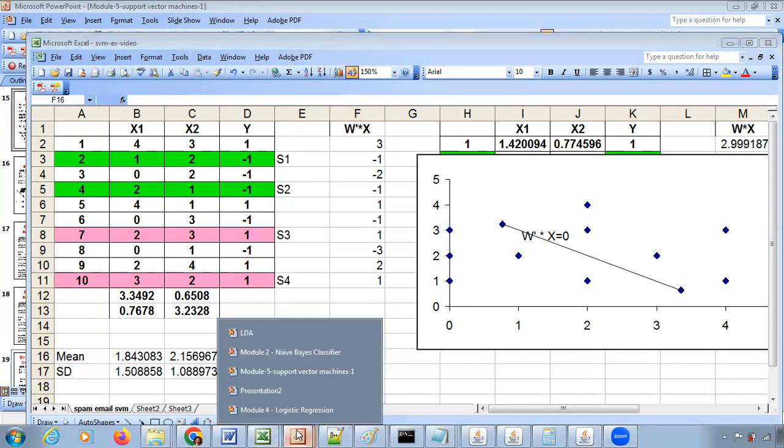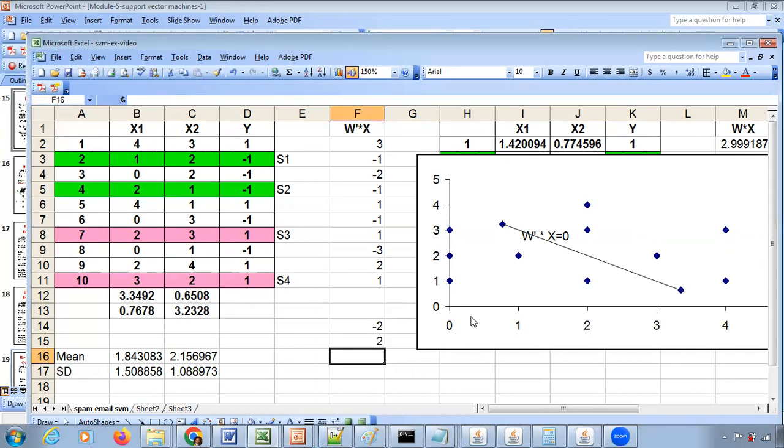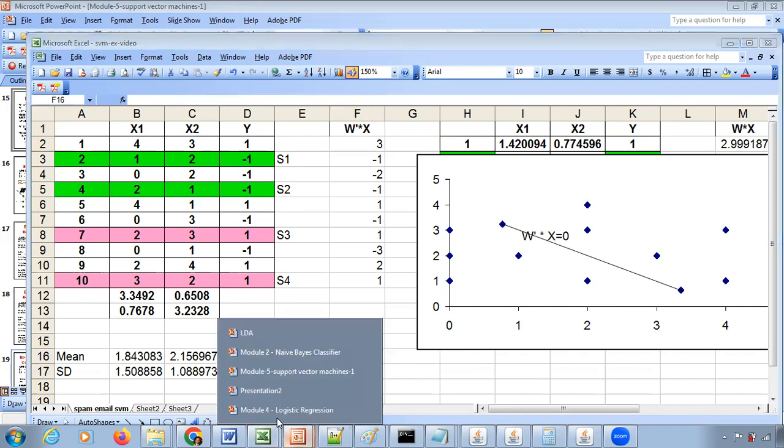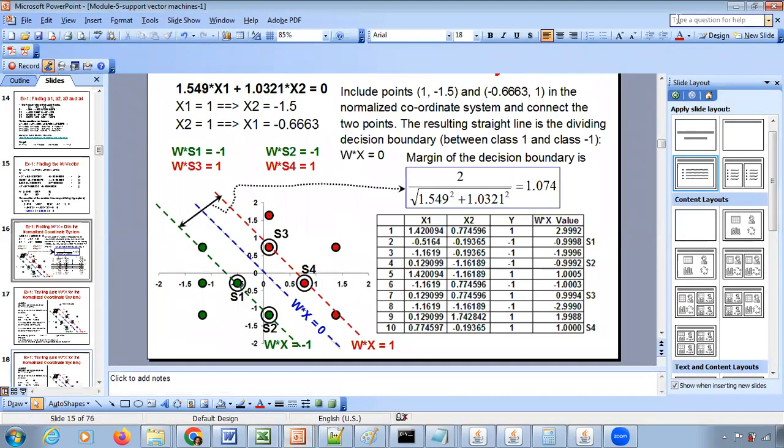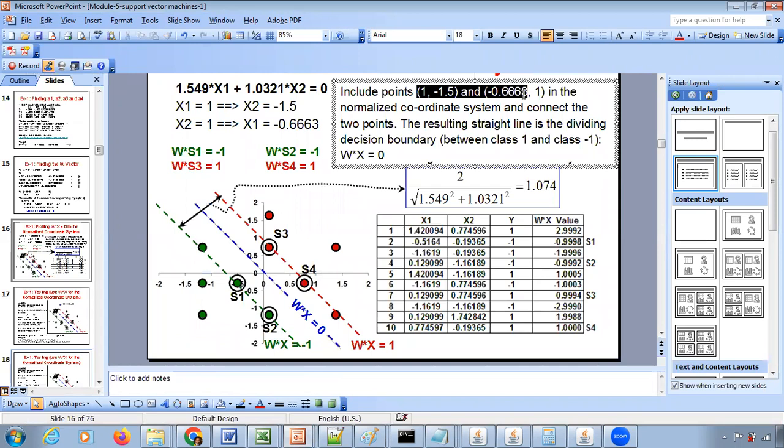The same testing we did before can be done with the actual raw coordinate system as well. The only thing is, we are not applying this decision boundary directly. We are going through the normalized coordinate system approach and then transforming the 2 points. The critical thing is, we are trying to find 2 points in the normalized coordinate system through which W times X goes through.